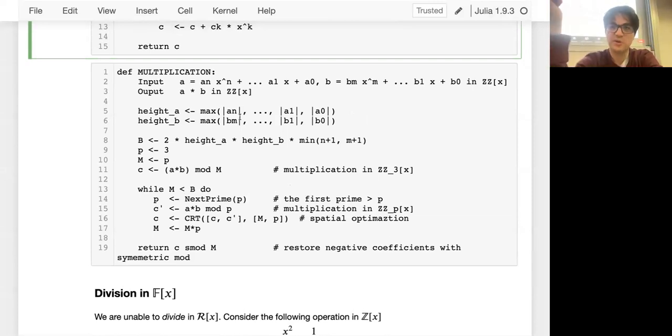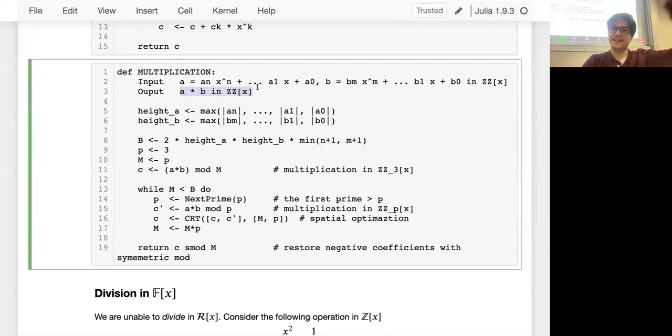Give me A, give me B. These are polynomials with integer coefficients, and the output is going to be A times B, a polynomial with integer coefficients. All of the intermediate calculations are going to be done mod P, which is incredible. At the end, although I did only mod P calculations, I'm producing something that works over the entire integers.